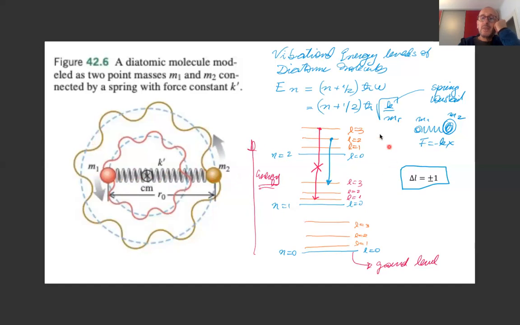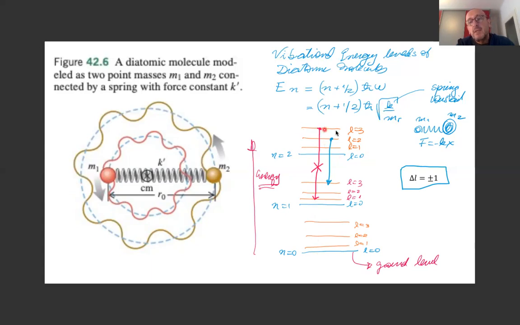Okay, and at the end, when you mix the two things, you find, and this is something you have to actually verify, that the vibrational modes, the blue lines, are very widely separated. That has to do with the characteristic values of the reduced mass on one side and the spring constant on the other.